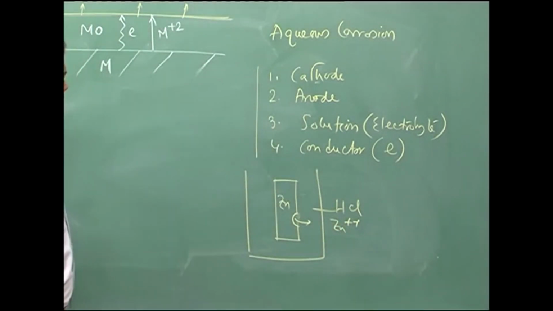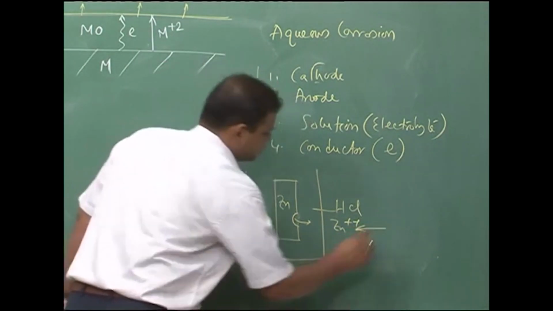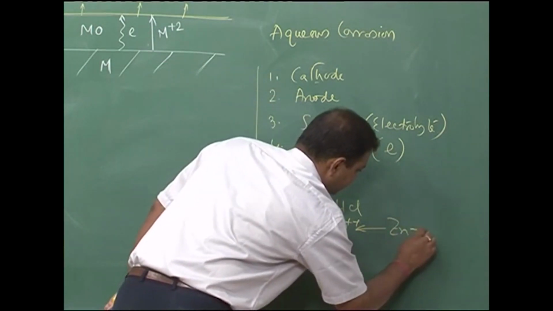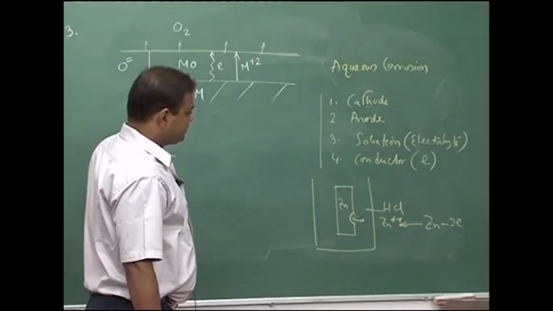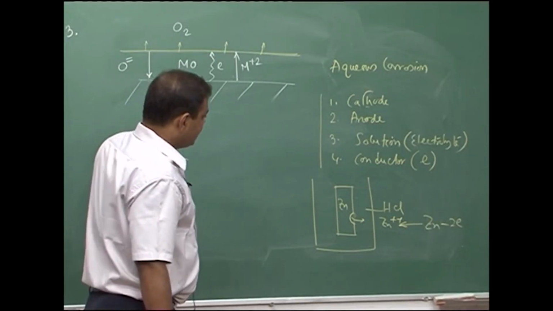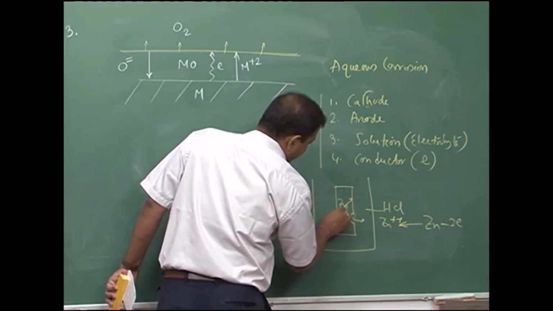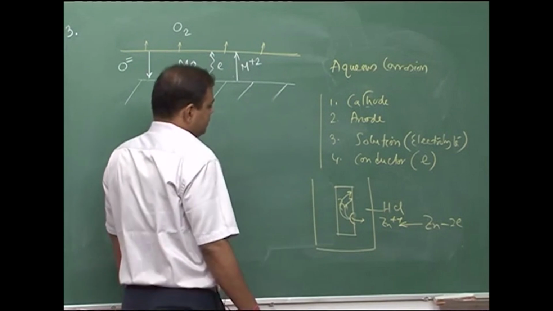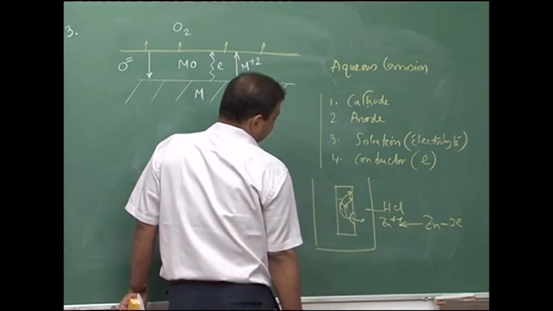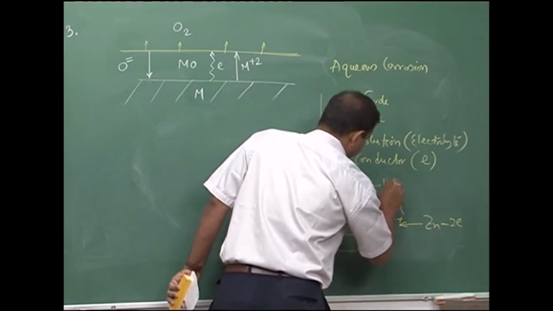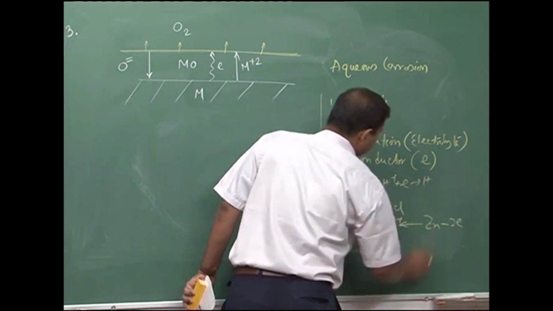How would the zinc ion form? 2 electrons will be taken out from zinc, and then the zinc ion forms, and these 2 electrons go to a place nearby, where the hydrogen ion takes care of these electrons and then forms hydrogen.